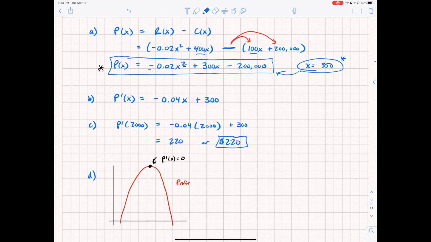And that should make sense because as our profit is increasing, we're earning more, so my marginal is positive. It's going to be 0 at this highest point, and then my marginal profit will begin to be negative because we're actually going to be losing money if I continue producing the next item and the next item and the next item. And so it helps me to optimize exactly where we should produce and how much we'll sell, so that way we have the highest profit.